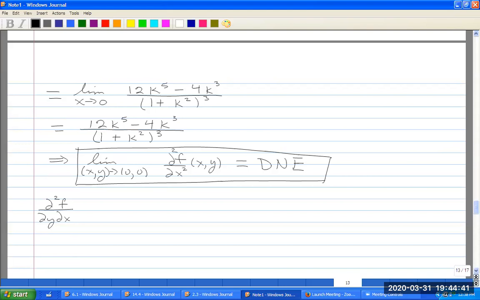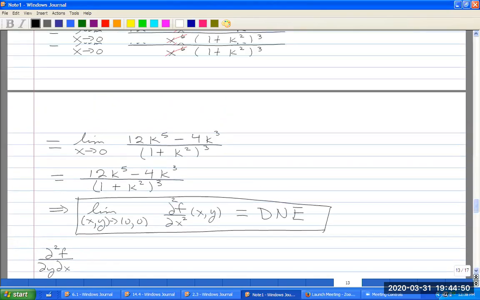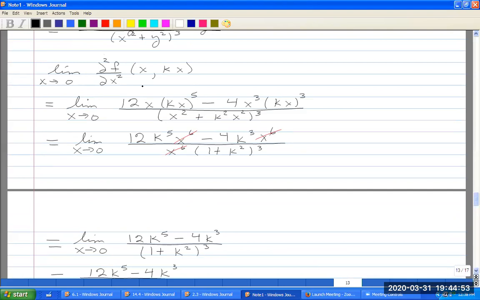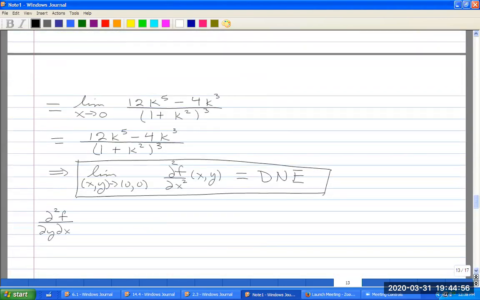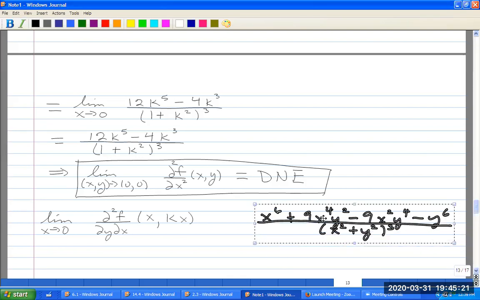And again, let's do the same sort of limit. So just like what we did here, we'll take the limit as x goes to 0. And let's do kx.